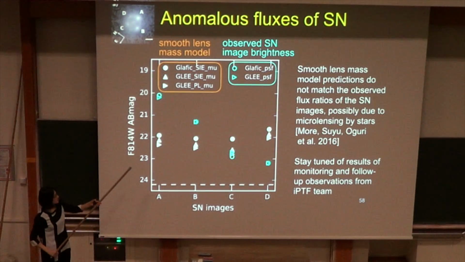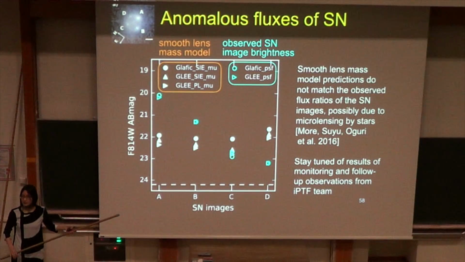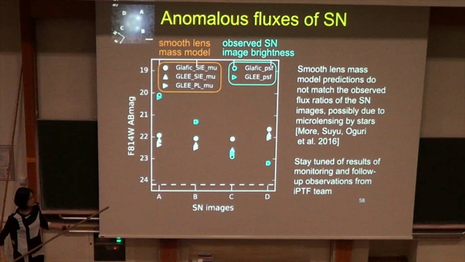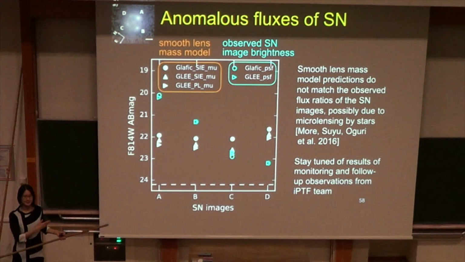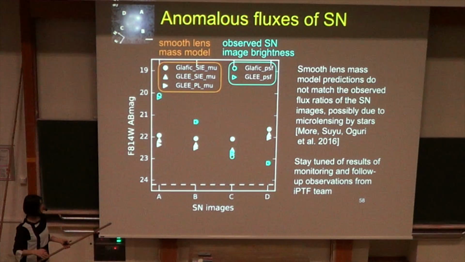This offset is possibly pointing at microlensing of the images by the stars, which could further complicate the time delay measurements. Nonetheless, it's really exciting that we have our very first strongly lensed type 1a supernova.